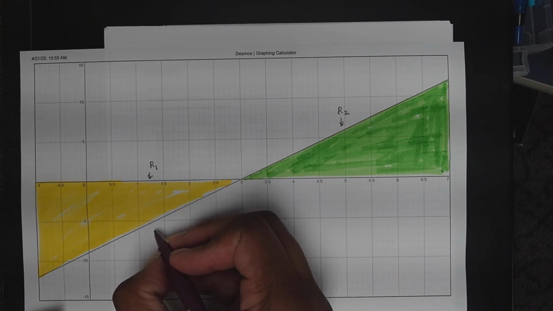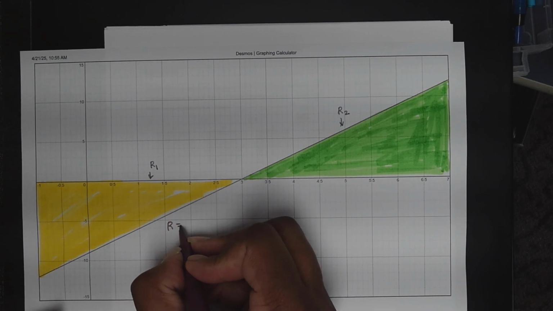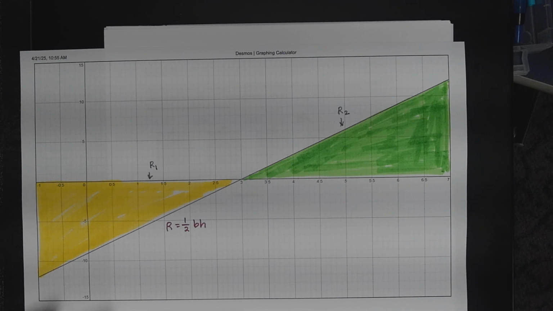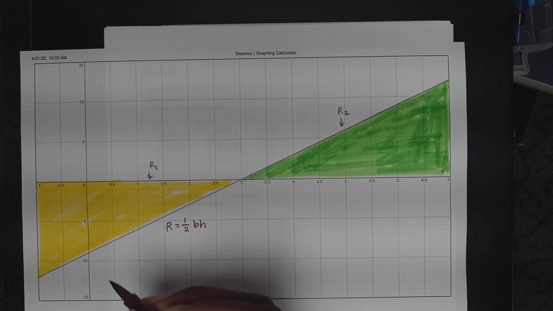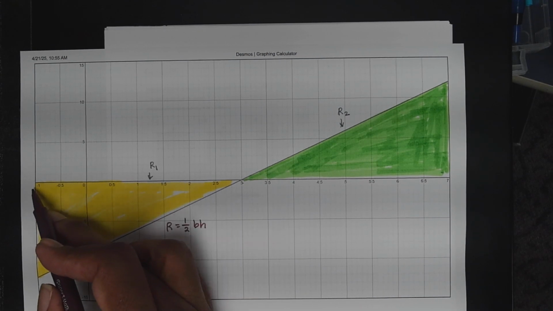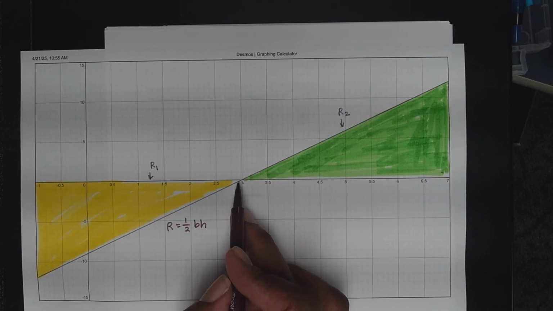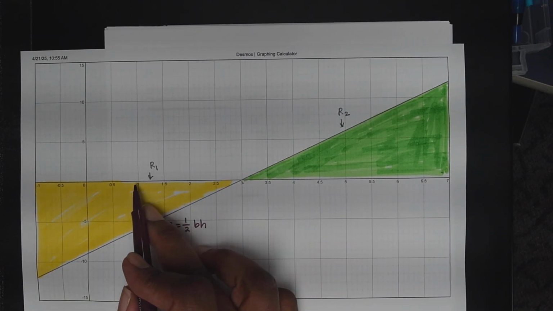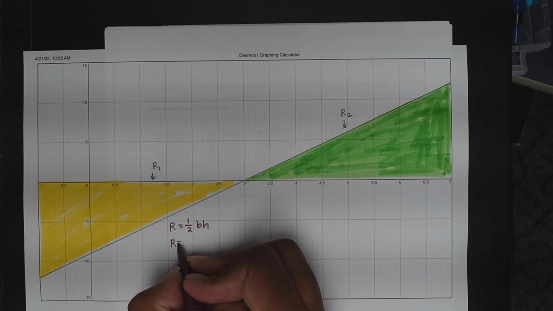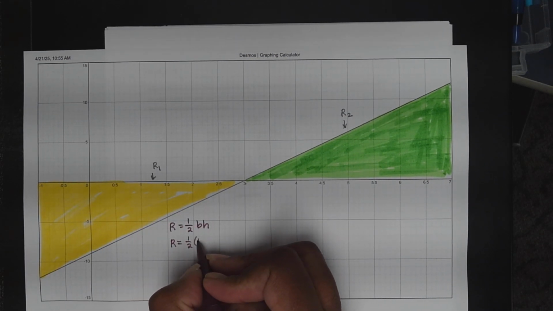So the area for region 1, since it's a right triangle, is 1/2 the base times the height. My base goes straight across, the height goes up and down. From -3 to -1, that's 1, 2, 3, 4. That base has a length of 4.